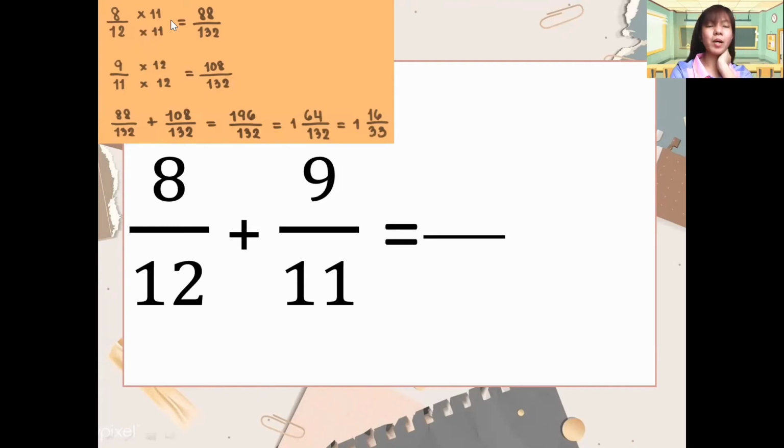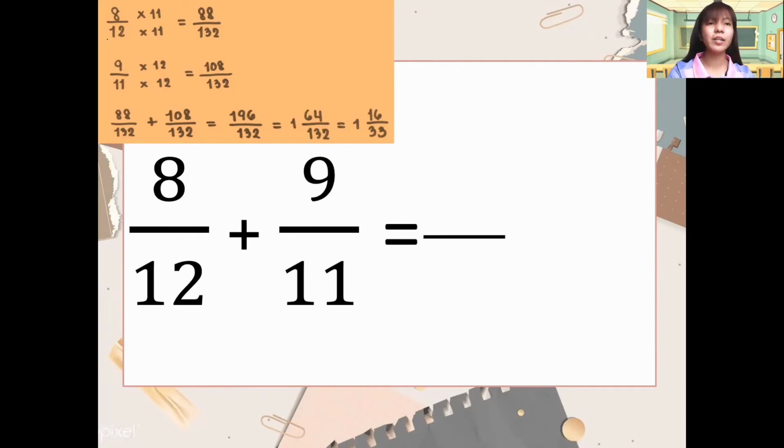This time, the same as the previous one, we need to change each of them because there is no number that can multiply to the smaller denominator to make it 12 or 11, right? So that's why we need to change both fractions.